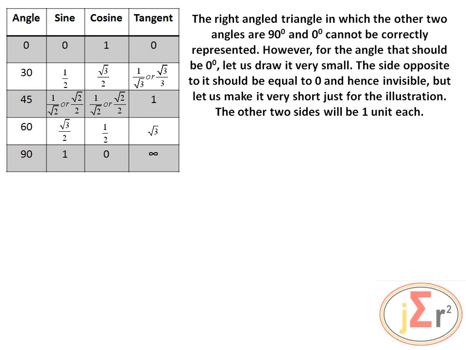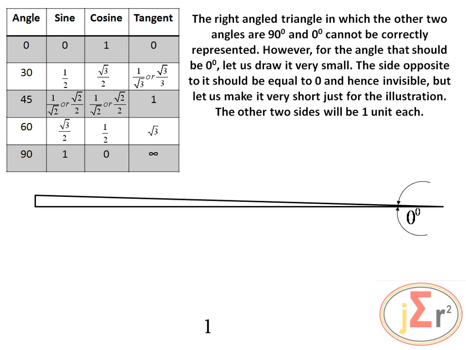But let us make it very short, just for illustration. The other two sides will be 1 unit each. So there's our very thin right angled triangle. We have to do it this way in order that we can get some form of understanding of how to determine the trig ratios.